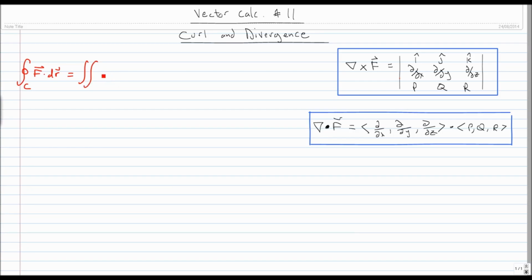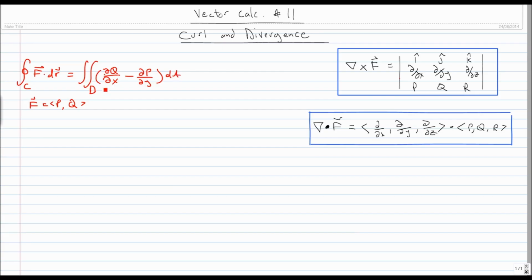the double integral of, well, what did I say before? I said that if f is a vector field defined like this, then it's going to be the partial derivative of this Q component with respect to x minus the partial derivative of the P component with respect to y.